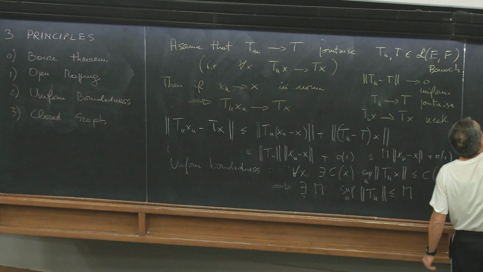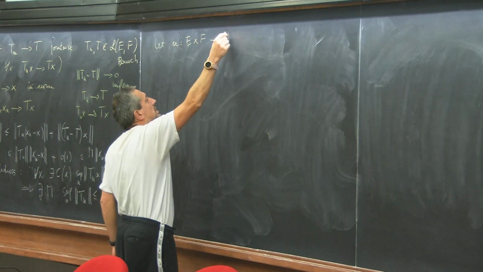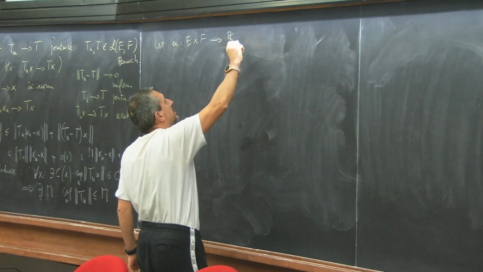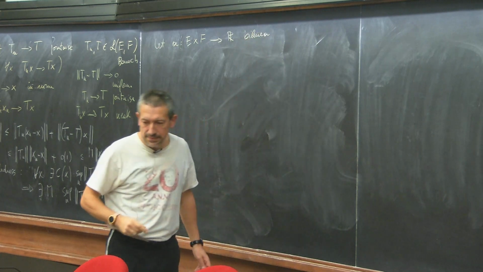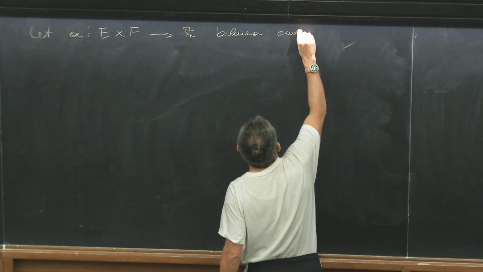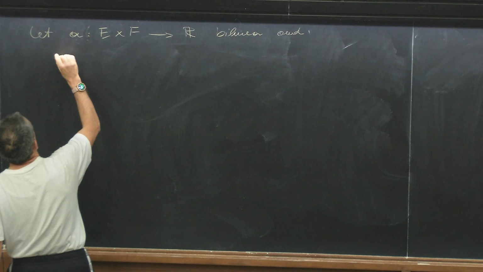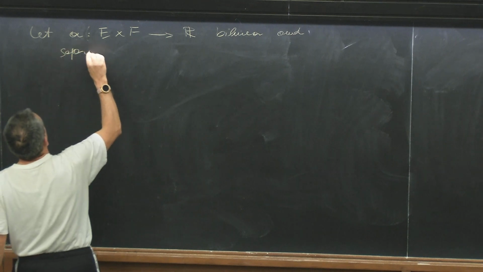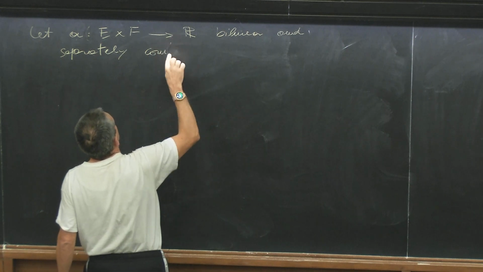Let A from E times F into R be linear, and, for shortness, I will write that it is separately continuous.